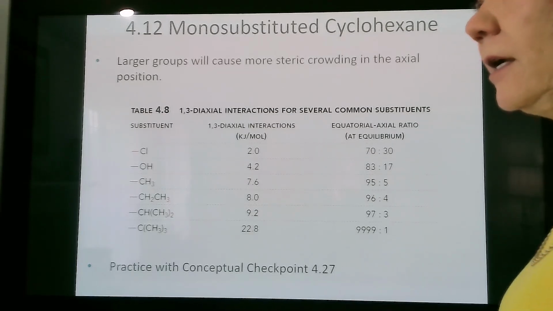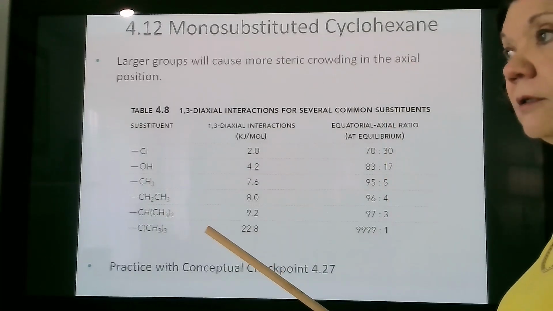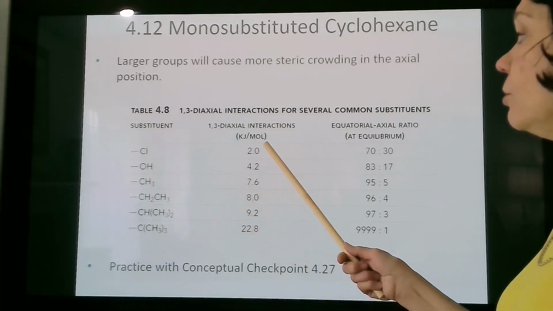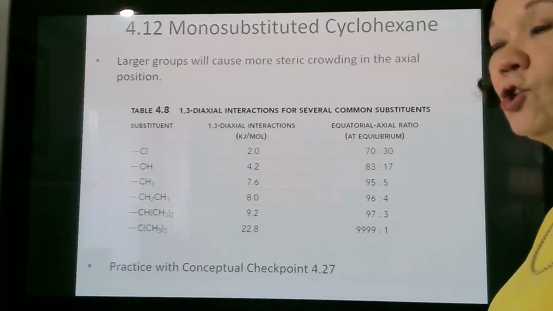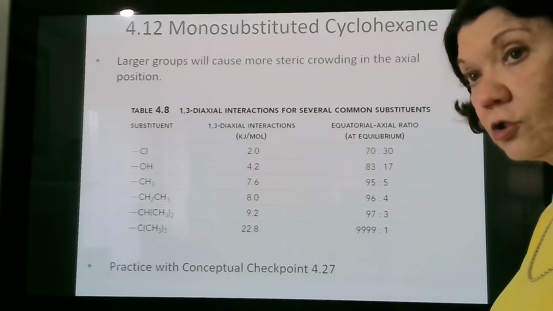So let me say that again. Having the chloro substituent in the axial position increases the energy of the molecule 2 kilojoules relative to having the chloro substituent in the equatorial position.